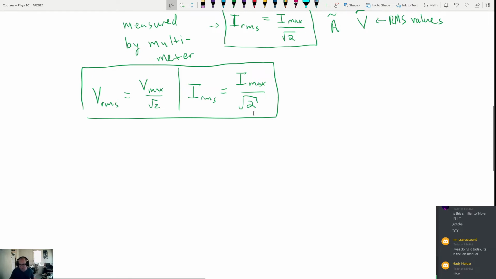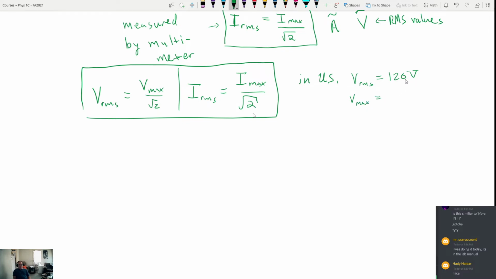So if you look at the United States, for example, and this is different in other countries, it's different in Europe, it's different in Africa. In the United States, what we run off of is a VRMS equal to 120 volts, okay, which corresponds to a maximum voltage.